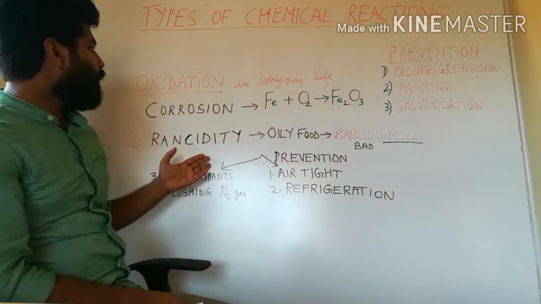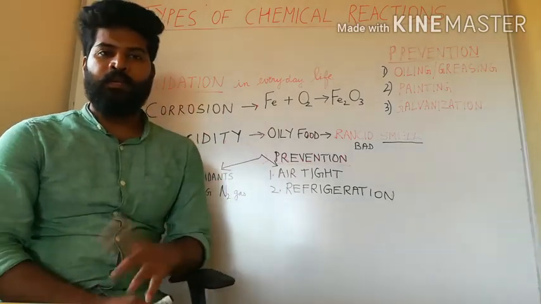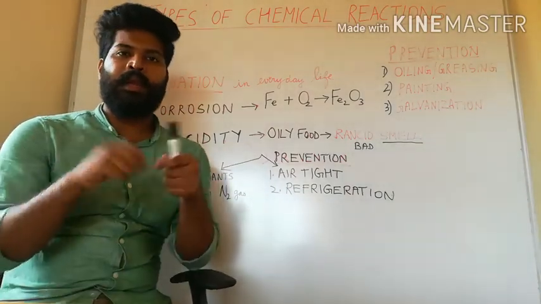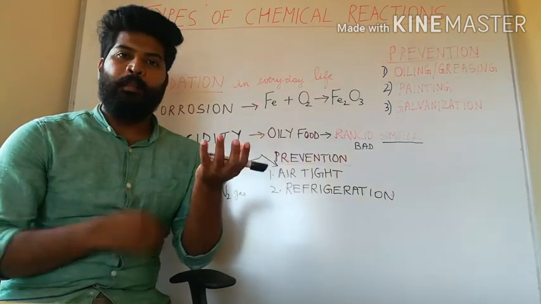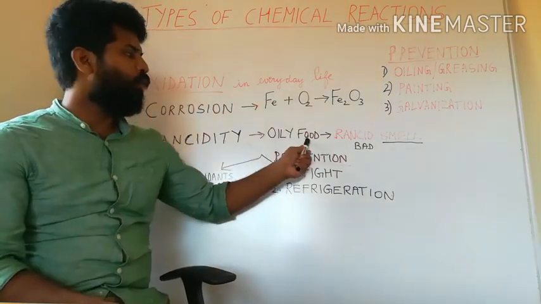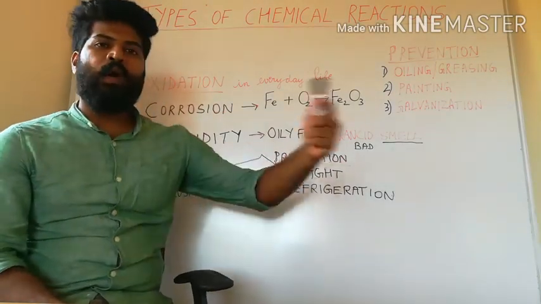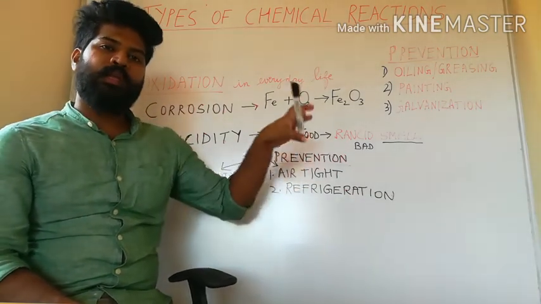The second example of an oxidation phenomenon is rancidity. You would observe this when you keep an opened chips packet outside, or any sweet made out of oil. Basically, any oily food, when we leave it outside, will react with the atmospheric oxygen.